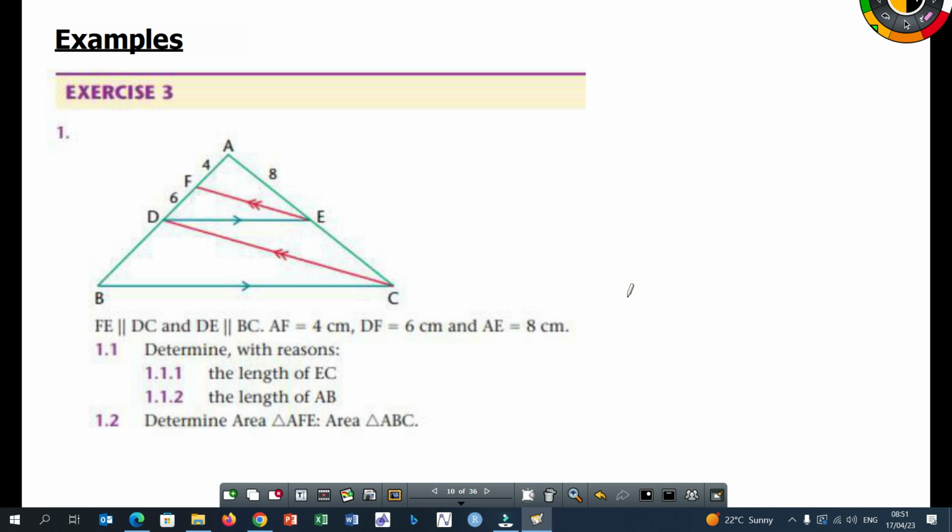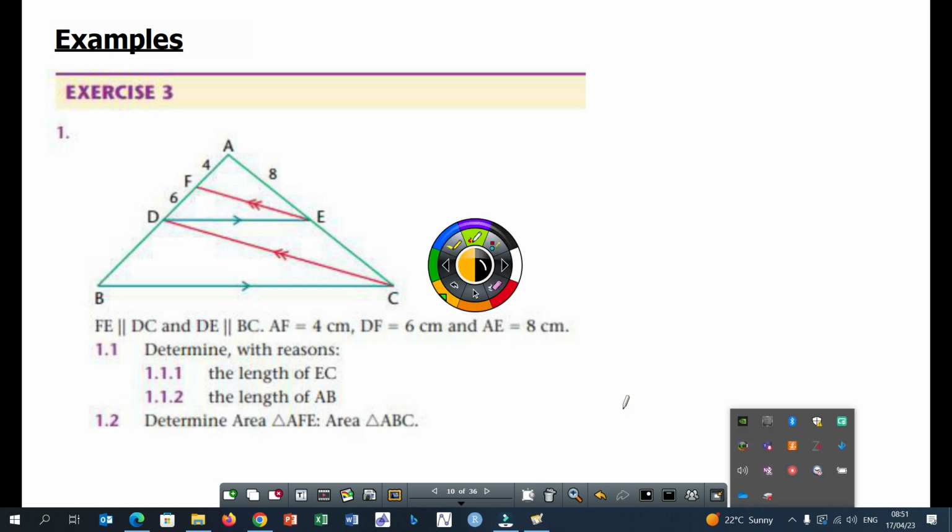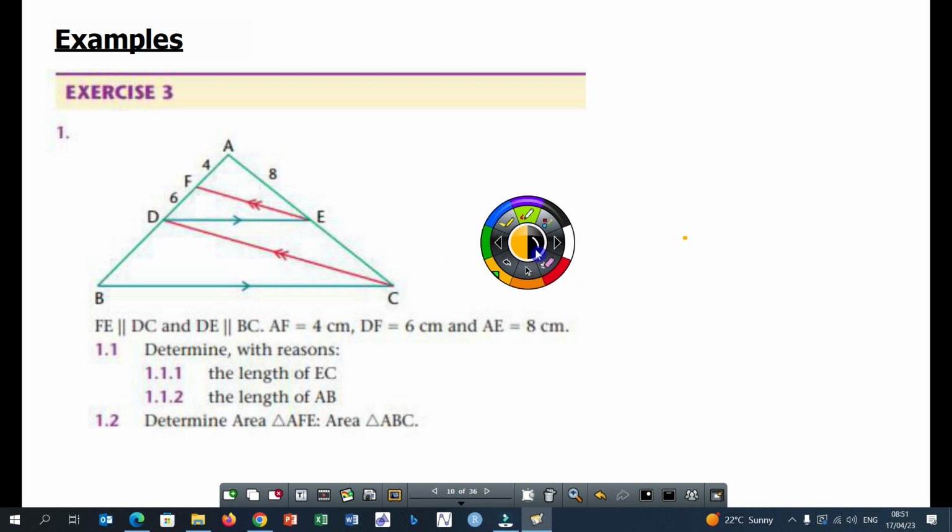Your Platinum Maths has some very good questions on this topic. I'm going to be using both textbooks plus past examination questions as well. This question is from your Platinum Maths, the first question under exercise 3.